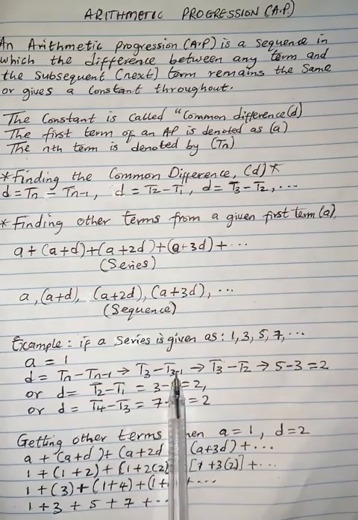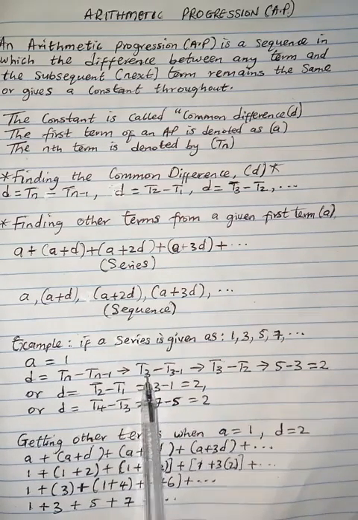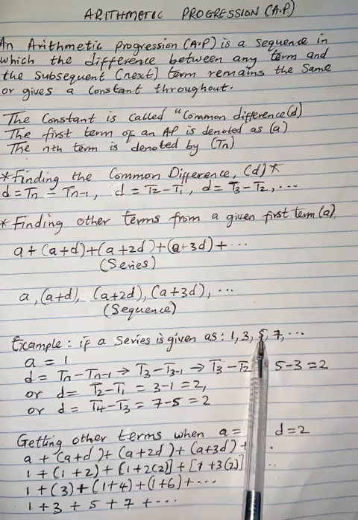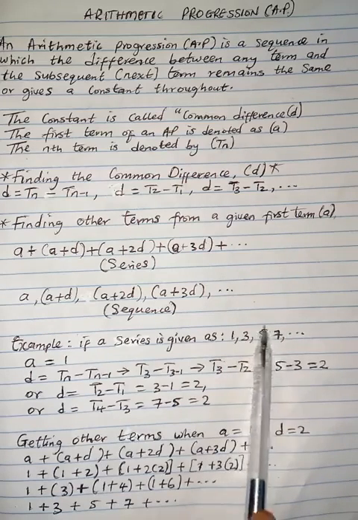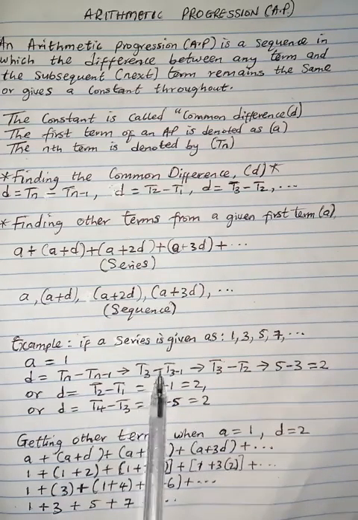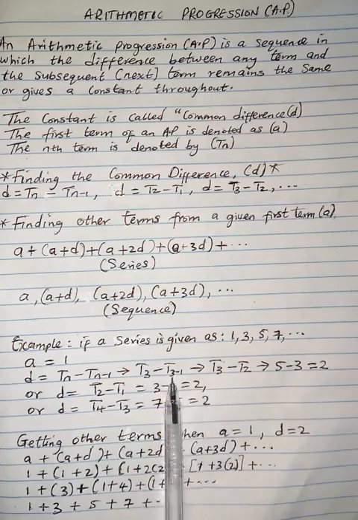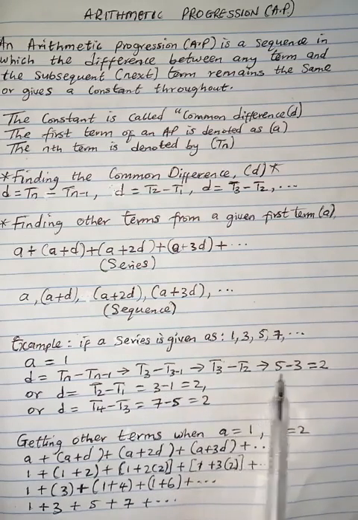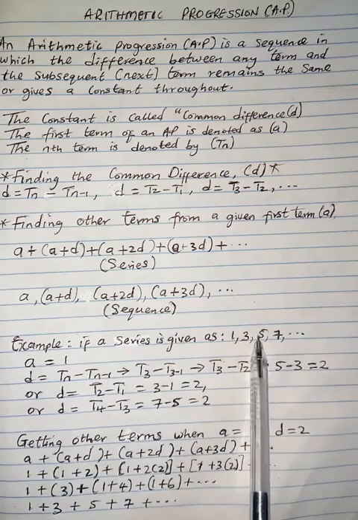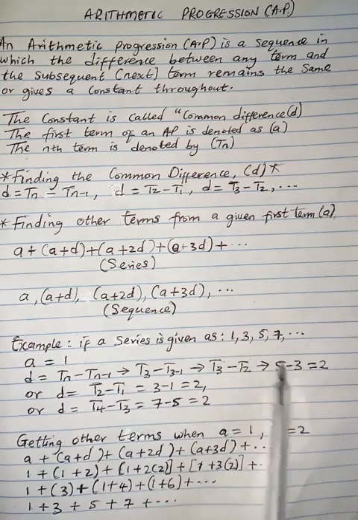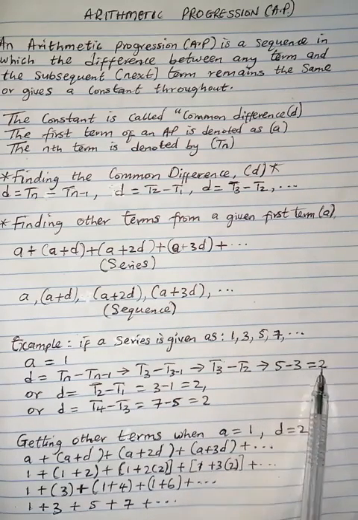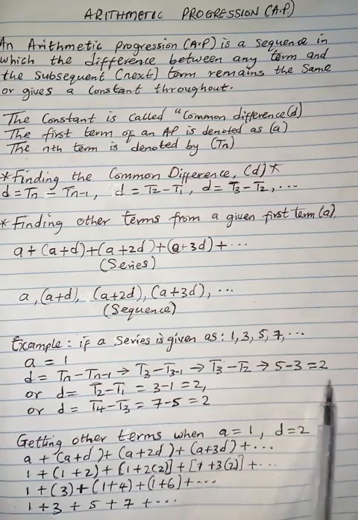Assuming I'm dealing with T3, the third term, which is 1, 2, 3, third term, I have T3 minus T2, which is T3 equals 5, T2 equals 3. That's 5 minus 3, which is equal to 2.